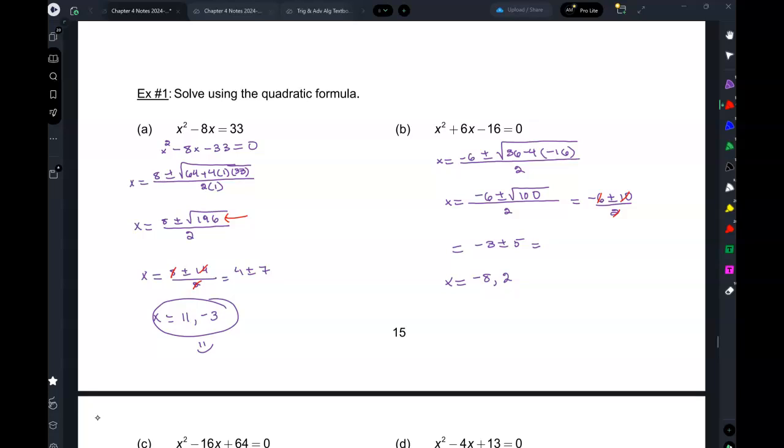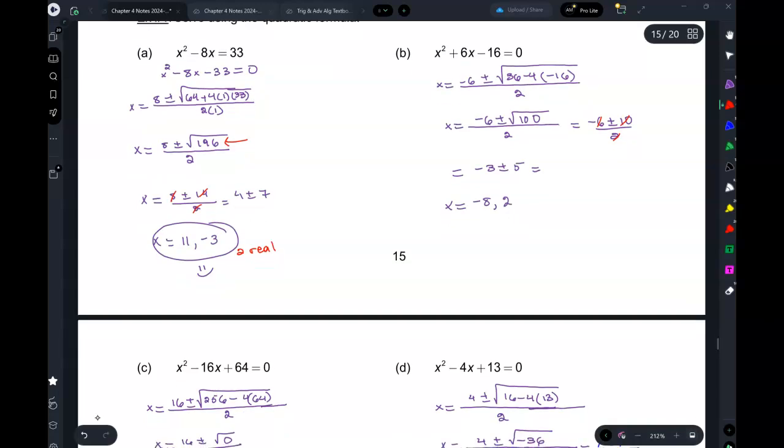And when I got 196, which is a perfect square, what did I get as my answer? I got 2 real solutions. Is that right? Yeah. And those real solutions, are they rational or irrational? Rational.